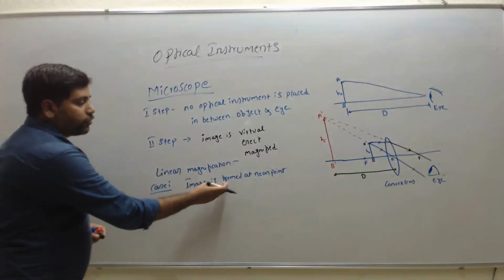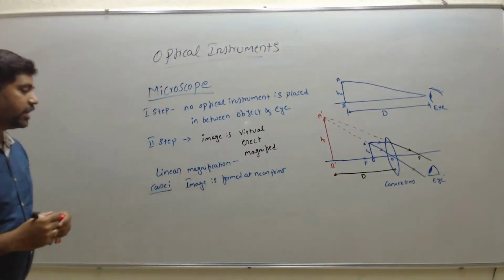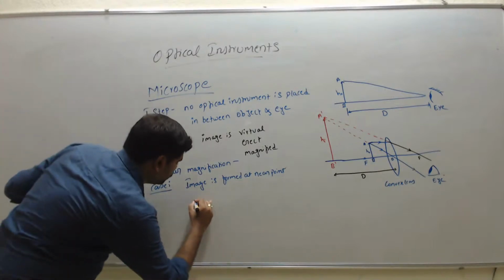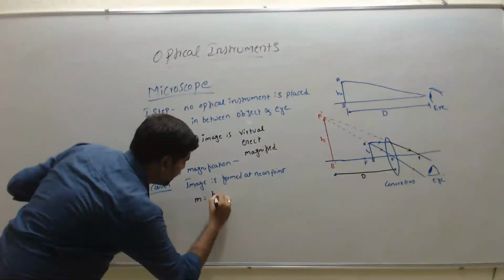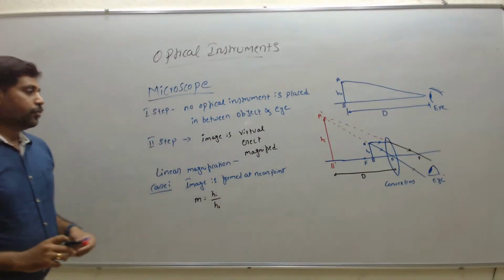So when the image is formed at the near point, the linear magnification M equals the height of the image to the height of the object.